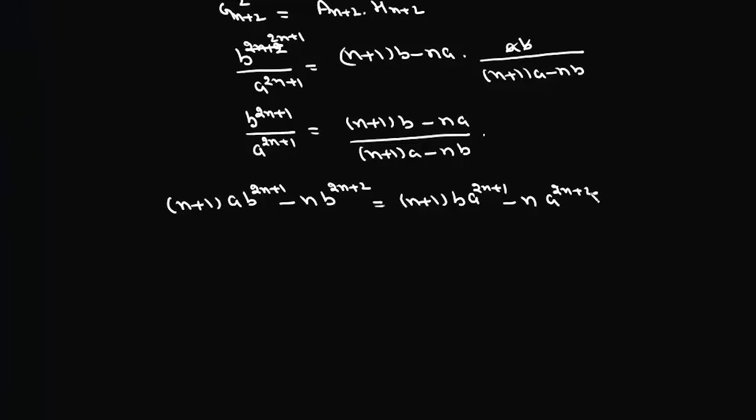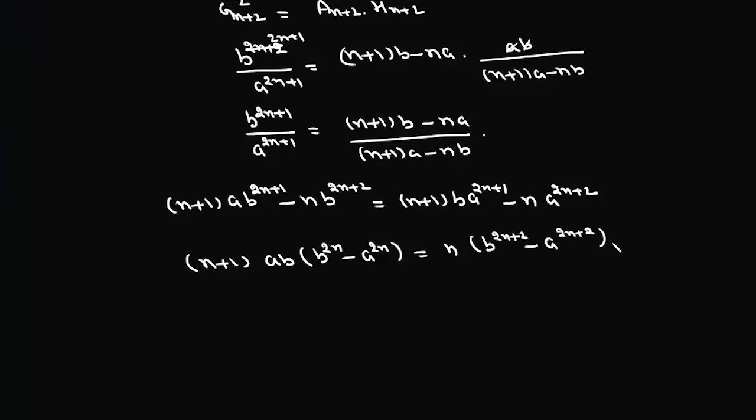Now we'll take the terms of n plus 1 together and n together, so we can write n plus 1, and here we'll take ab common. So if we take ab common, we'll get b to the power 2n minus a to the power 2n, and here will be n into b to the power 2n plus 2 minus a to the power 2n plus 2.